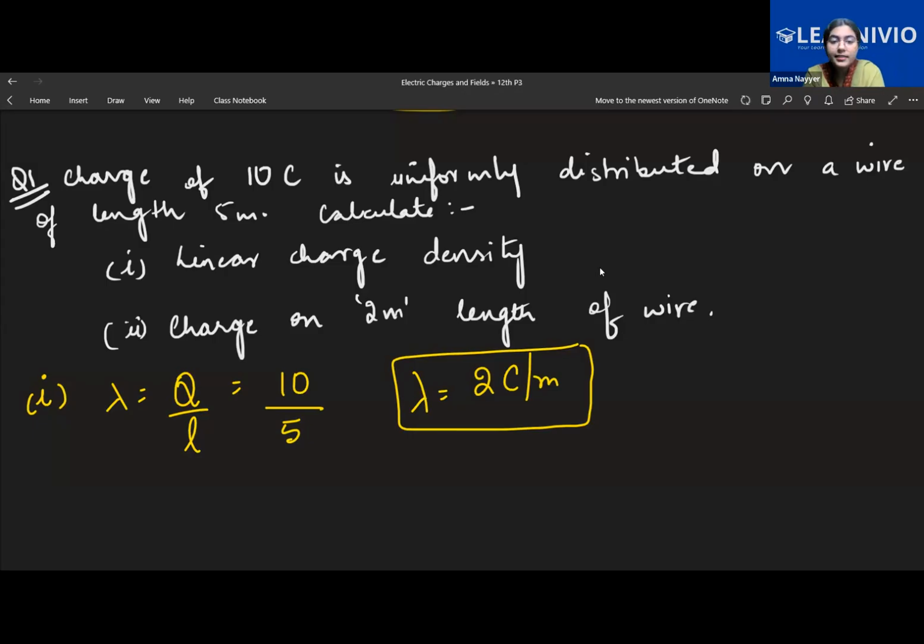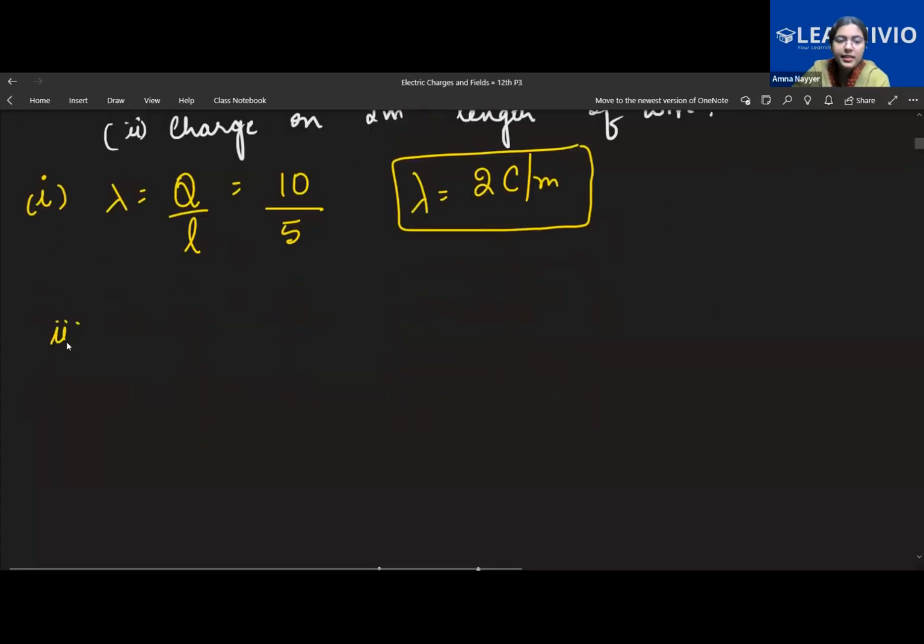Now the second part is saying, charge on 2 meter length of wire. This is also constant. This also does not have any x, y, z in it. Then how will you get it? Because you don't have any separate equation for that. So when it is saying 2 coulomb per meter, we'll go to the definition of this. 2 coulomb per meter means in 1 meter, that much charge has been distributed.